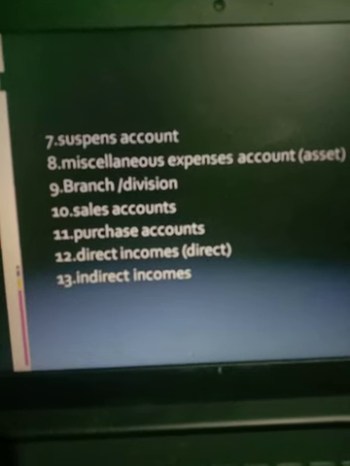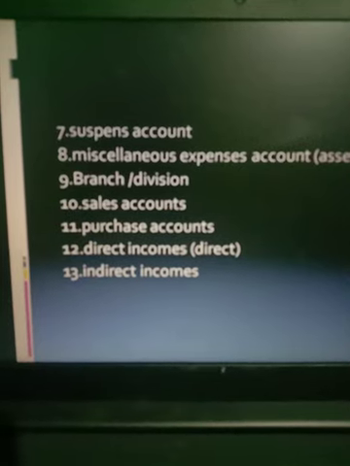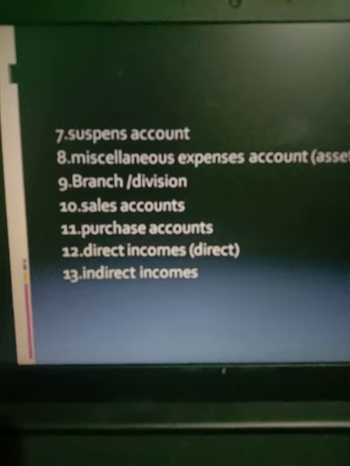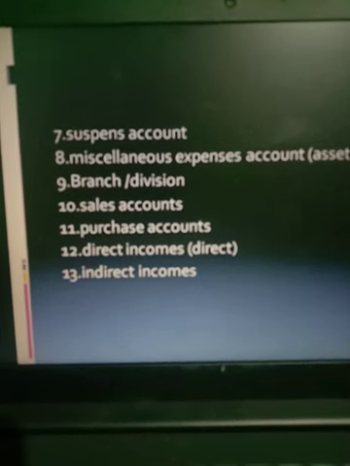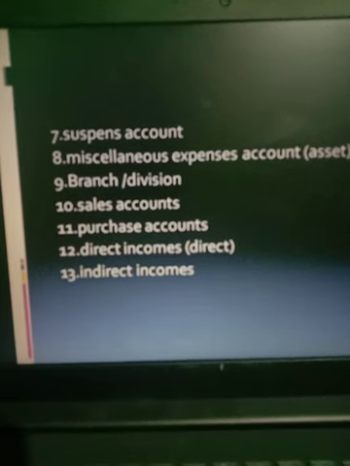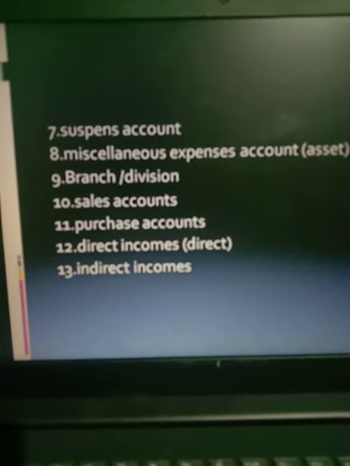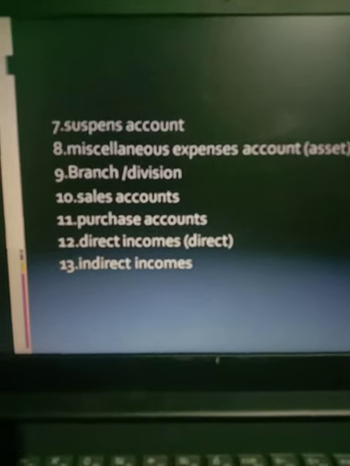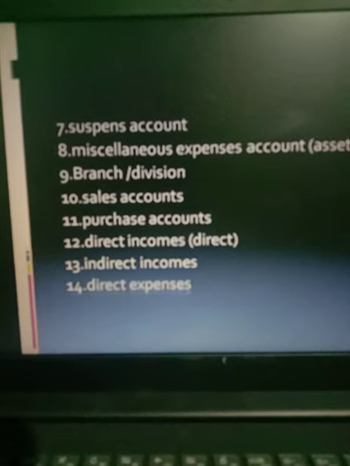Indirect income: suppose a product manufacturing company receives profit through selling its products, that comes under direct income. If they receive income other than from selling products or services, for example they invested their profits in shares and debentures and receive dividends and interest, those interest or dividends come under indirect incomes.